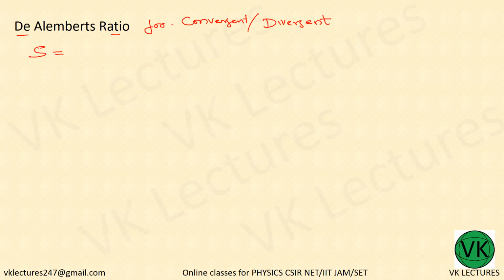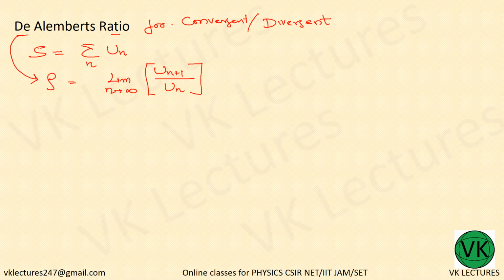The sum is equal to sum over n of any n general terms. Then D'Alembert's ratio is given by rho. Rho is given by the limit when n tends to infinity of un plus 1 divided by un.